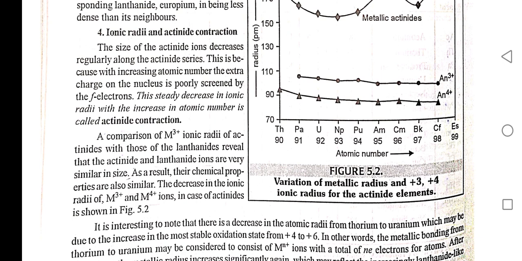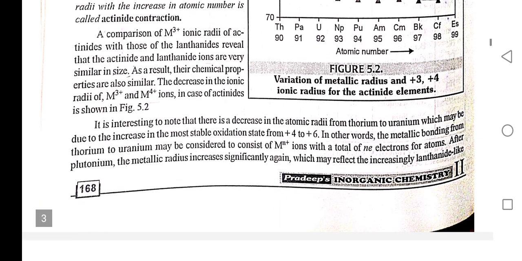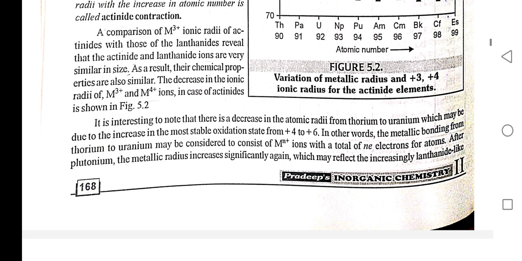The decrease in the ionic radii of M3+ and M4+ ions in the case of actinides is shown in Figure 5.2. It is interesting to note that there is a decrease in atomic radii from thorium to uranium, which may be due to the increase in the most stable oxidation state from +4 to +6.